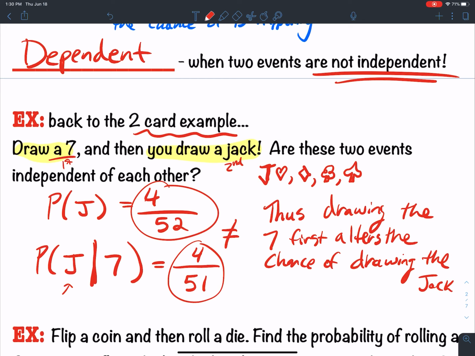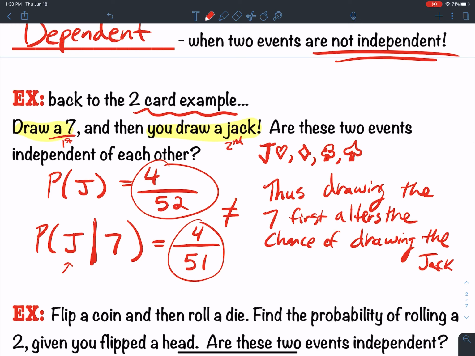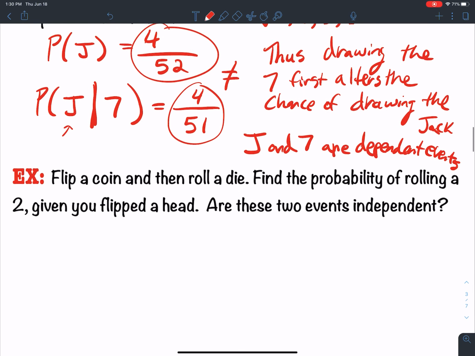So jack and 7 are dependent events, since the probability of one is affected by the other one's occurrence.